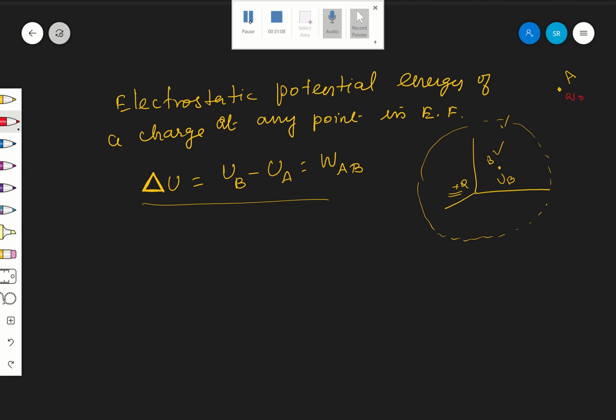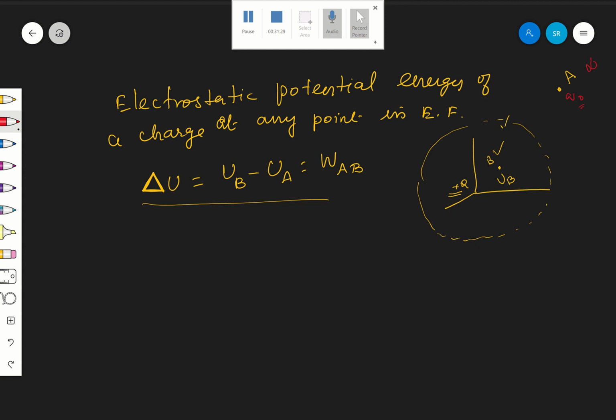A is outside the field, which means it is considered to be at infinity. Outside the field means there is no influence. Plus Q doesn't have any influence on this Q naught which is kept at A, so it is outside the field, and outside the field is taken as infinity.